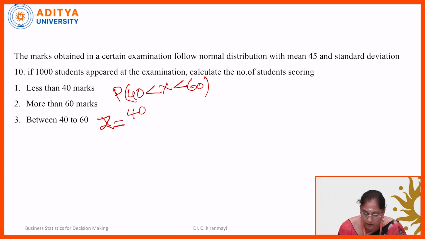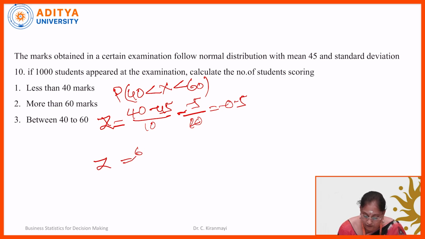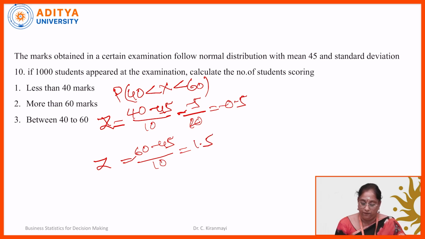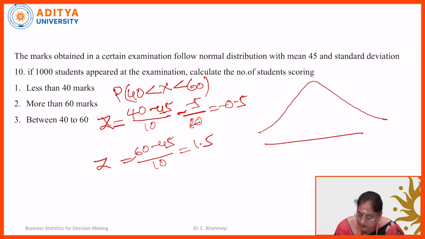That is 40 minus 45 by 10, it is minus 5 by 10, that is minus 0.5. Next, for 60 also we have 60 minus 45 by 10, which gives 1.5. Now, for the between case, let us see how to calculate.